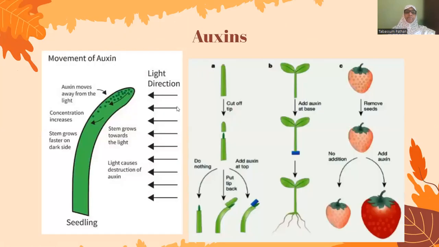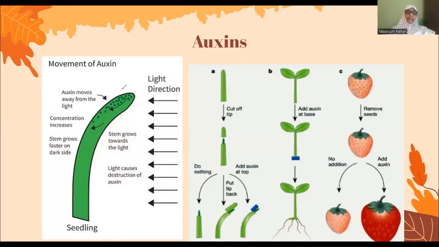Okay, so this is a pictorial representation. Auxins are made at the tip of the shoot apex, and they will grow in the direction of the sunlight, and they will move wherever their action is required.